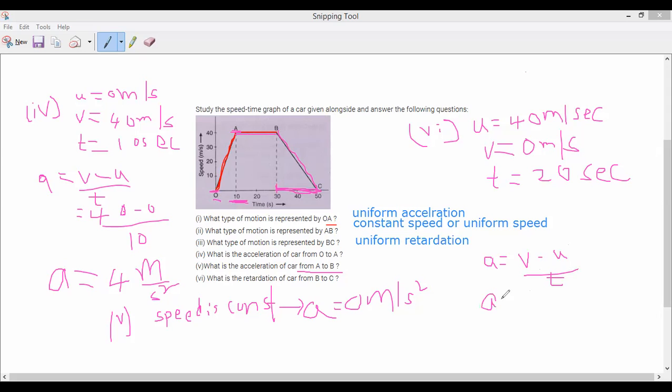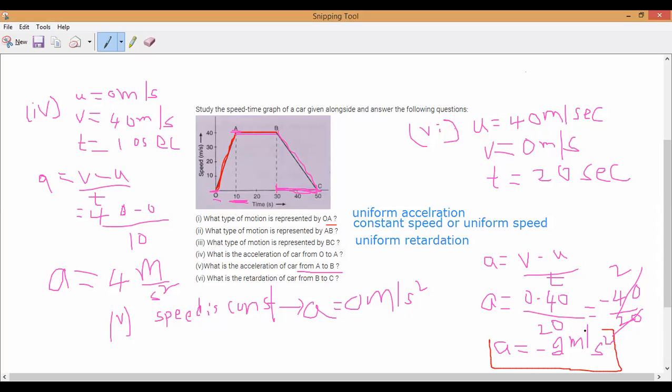So a equals 0 minus 40 divided by 20, which is minus 40 divided by 20, which is minus 2 meter per second square. That is the answer.